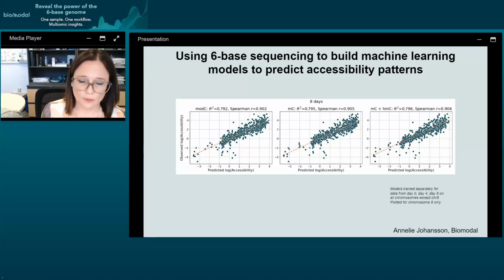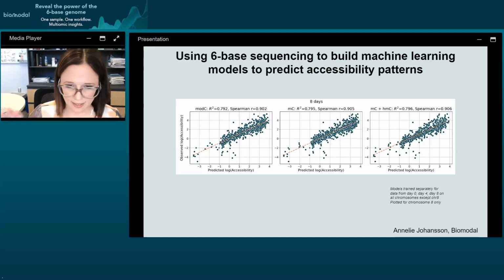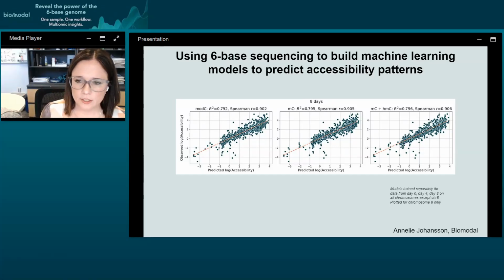And I'm just showing you a snippet of that data to illustrate the idea that once you add both MC and HMC into the model, you get a much improved prediction of accessibility compared to what is observed.